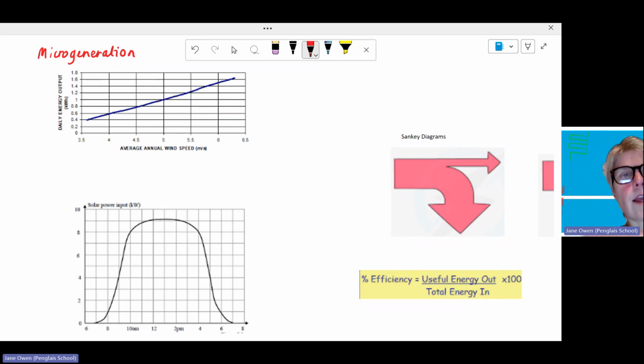So just looking at the top one, this is a typical wind turbine. For a typical wind speed, for example, of 5 meters per second, we can generate 1 kilowatt hour. So that's 1 unit of electricity per day.